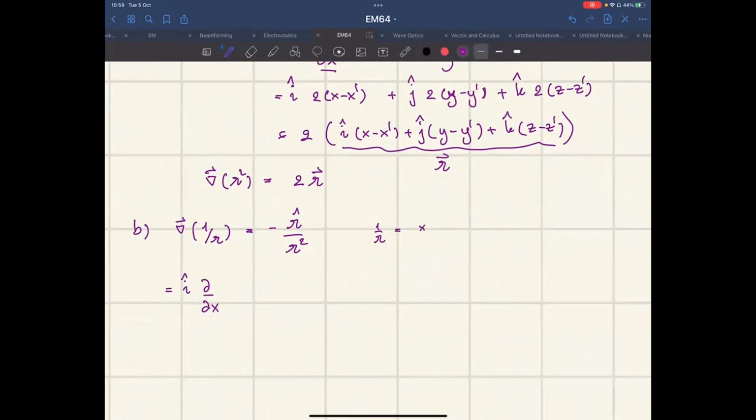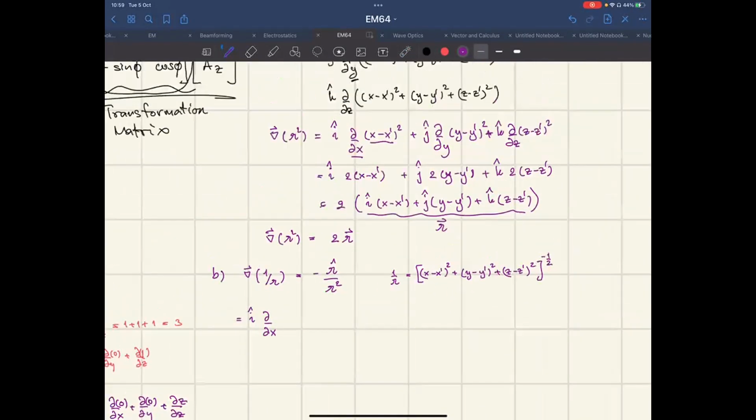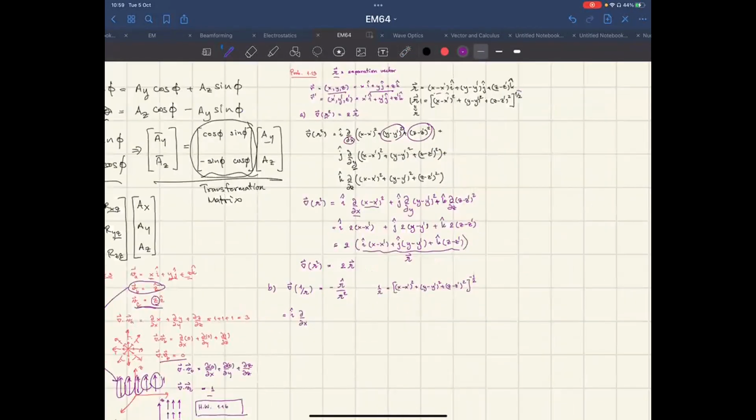Equal to x minus x prime squared, plus y minus y prime squared, plus z minus z prime squared, the whole thing to the power of minus 1 over 2. Okay, it was 1 over 2 before, since it's 1 over r here, it becomes minus 1 over 2.